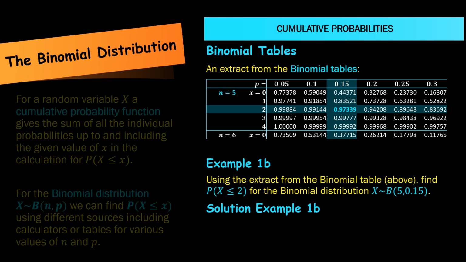This time, of course, we've highlighted the column for p equal to 0.15 and we've highlighted the row for r equals 2 in the section for n equals 5. So here's n equals 5 in the table and in our distribution. Here's r equals 2.